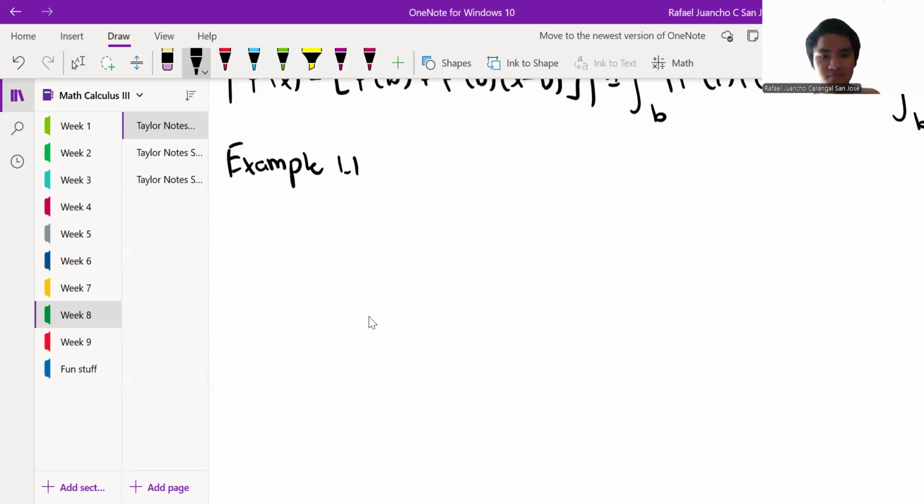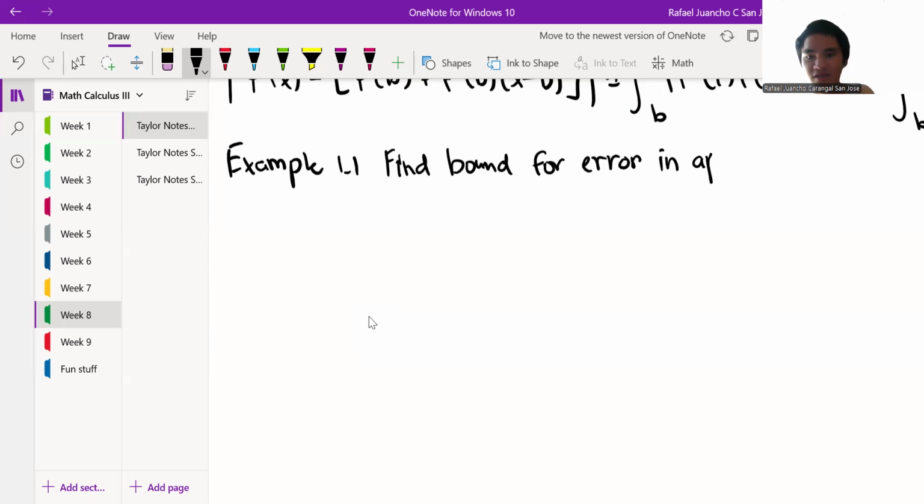Example 1.1. Here we're being asked to find a bound for the error in approximating. So here we want to approximate a function.